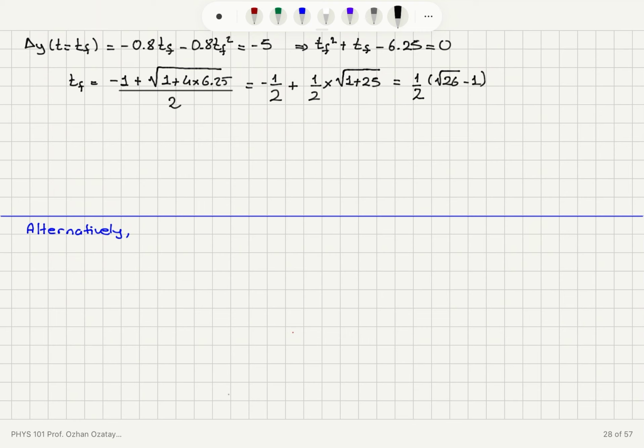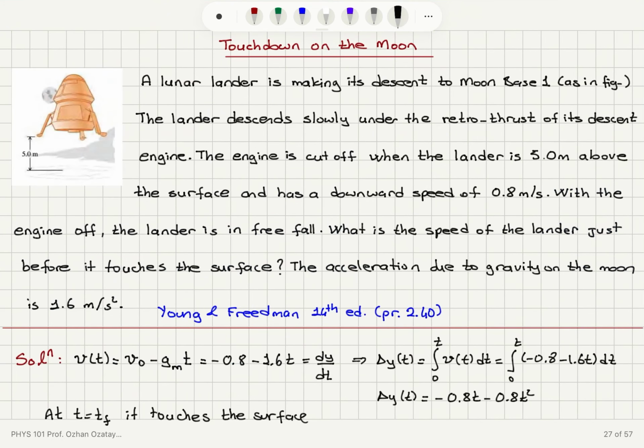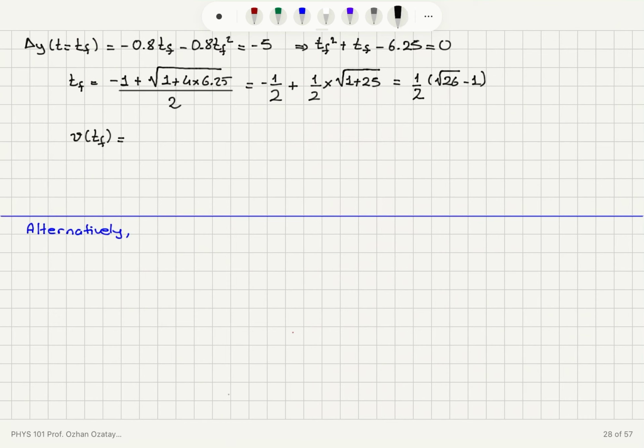So the velocity that I will have at this time, at the fall time tf, will be v of t evaluated at tf: minus 0.8 minus 1.6 times 1 over 2 times (square root of 26 minus 1). That's the time.